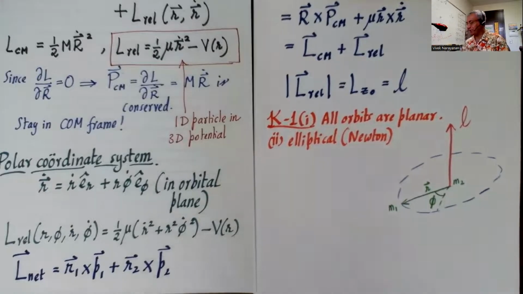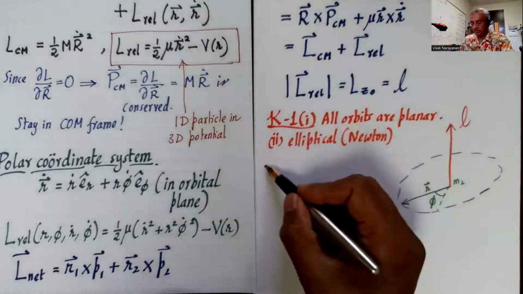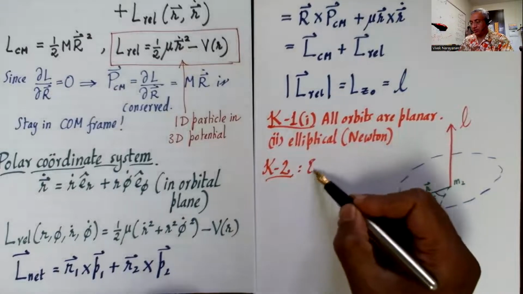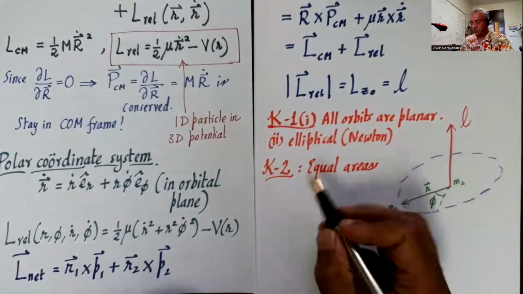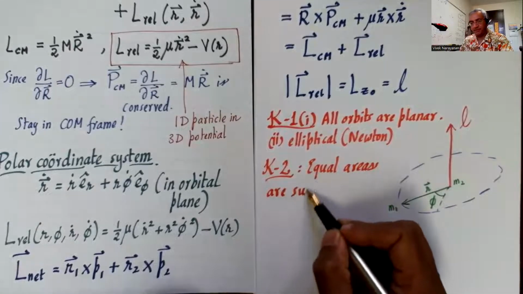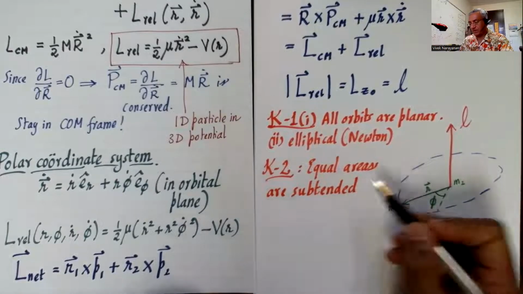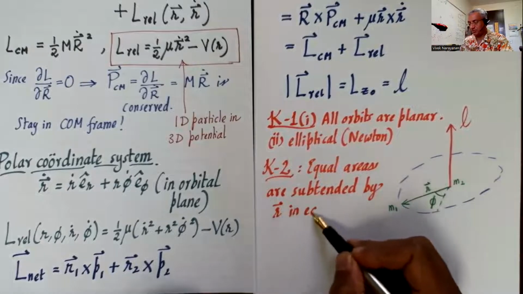Now we're going to prove Kepler's second law. We'll do the elliptical later. So Kepler's second law is the following. Equal areas are subtended by the relative vector in equal time intervals.